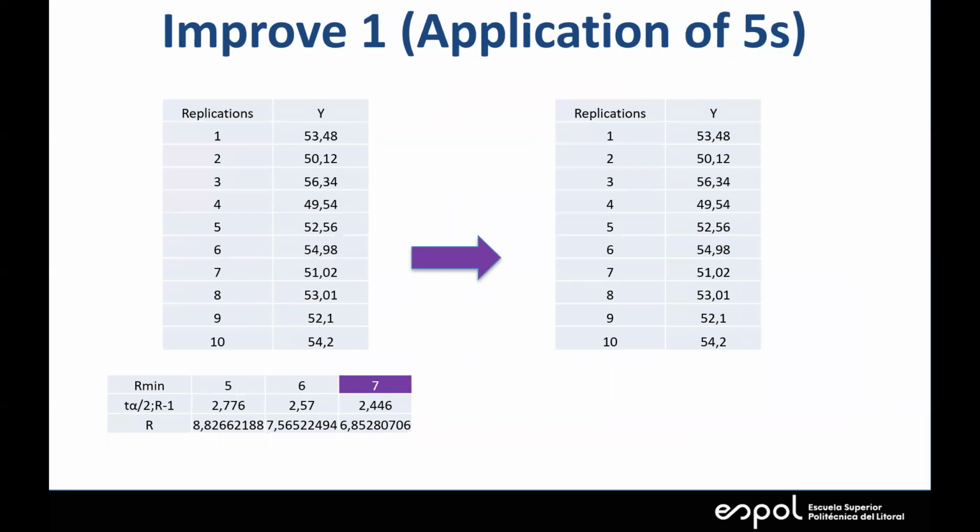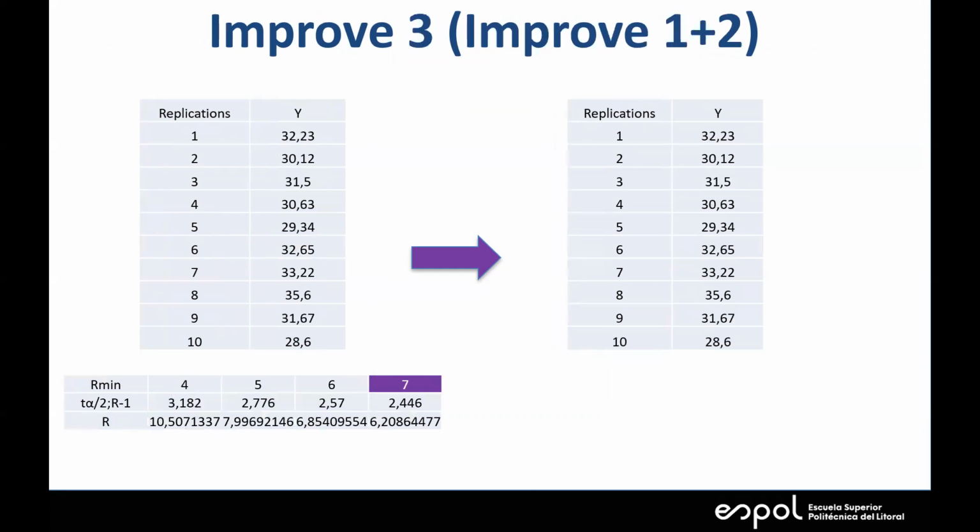For Improv 2, we also used 10 replications and it gave us a minimum of 7, so we are left with the initial 10. And for Improv 3, which is the combination of the two previous improvements, we used 10 replications and we got a minimum of 7, so we are left with the initial 10.